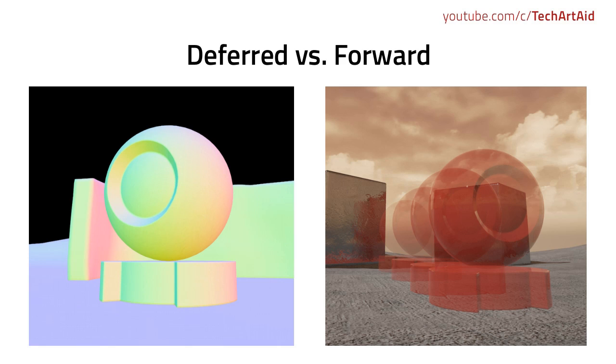Currently, Unreal has 2 ways of rendering lighting. One is called deferred rendering, and it is the default method, and the second is called forward rendering. The forward rendering is an older technique, but it was recently optimized, so it's now quite often called forward plus, this new approach to forward rendering.